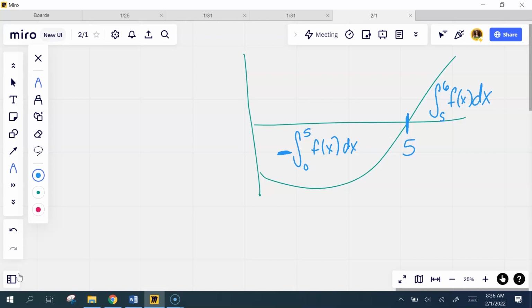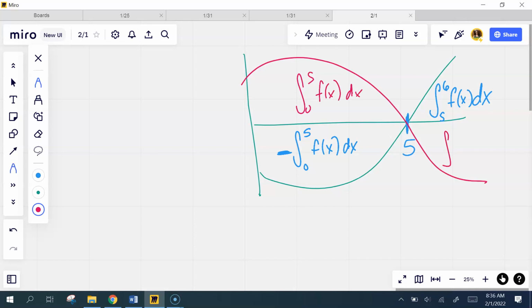So if it was like this, then this would be from 0 to 5 of f of x, and this would be negative 5 to 6 of f of x. And so when you add those together, it looks like you're subtracting them, which essentially you are, but that's the reason. Here, because this one comes first, this is the negative one. Does that make sense? The negative of the negative area?